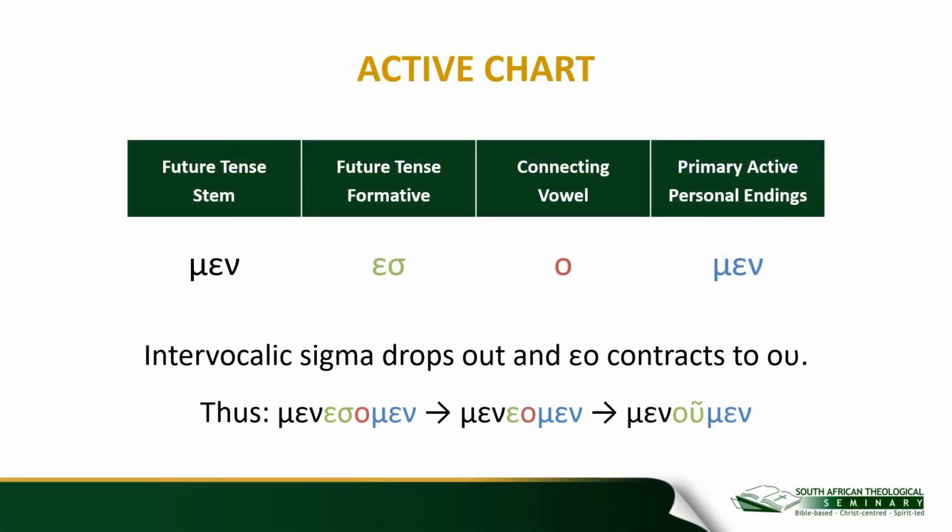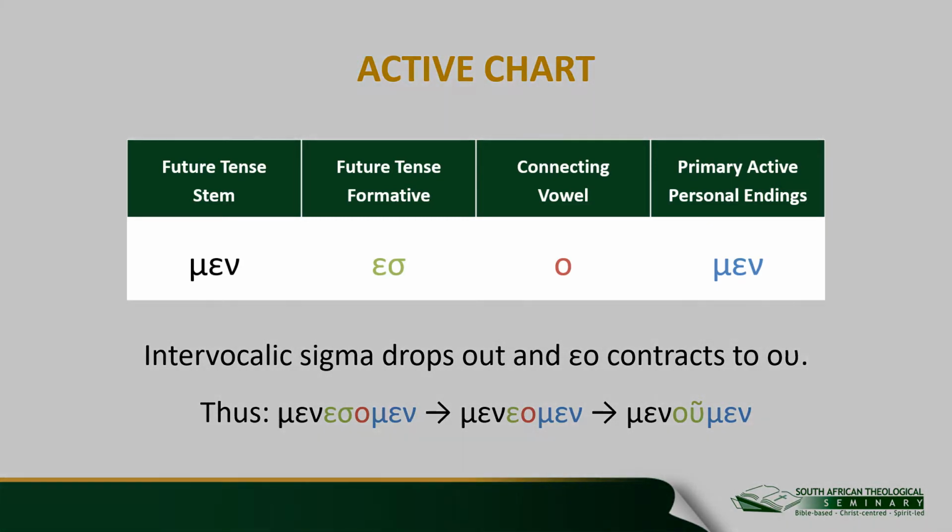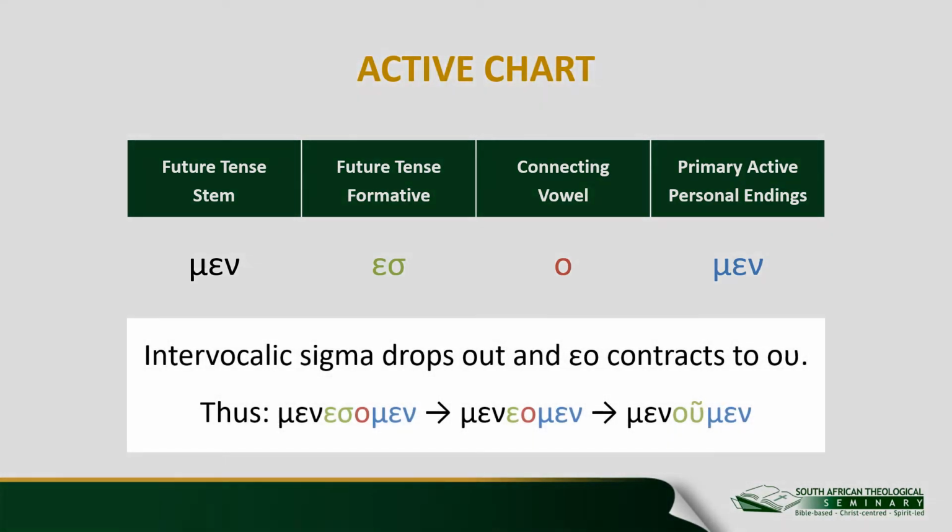This chart shows how the future active form of a liquid verb is formed. We are using the root men. We add the future tense formative, epsilon sigma, the connecting vowel omicron, and then the primary active personal endings. Then something important happens. Intervocalic sigma drops out. The epsilon from the tense formative epsilon sigma remains, and it will contract with the connecting vowel.